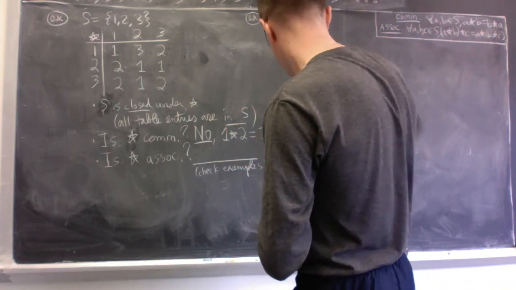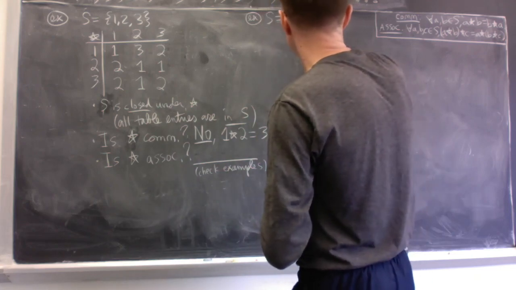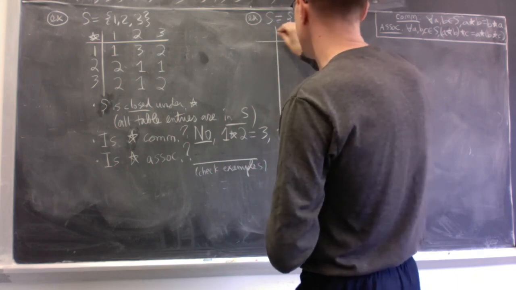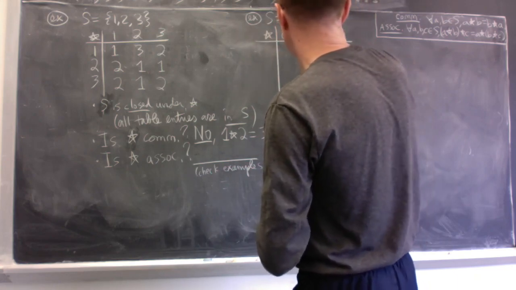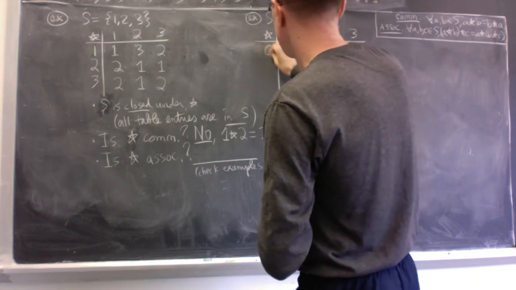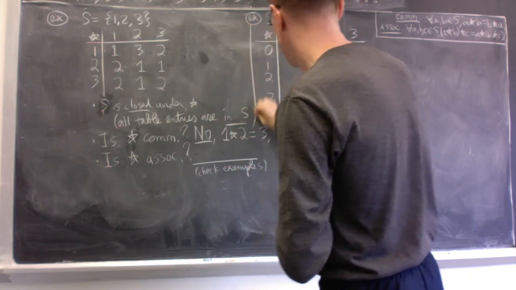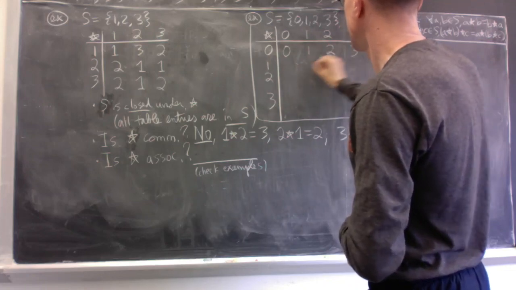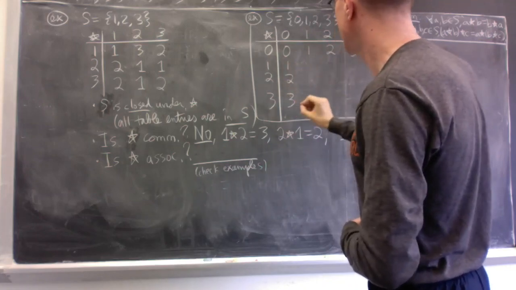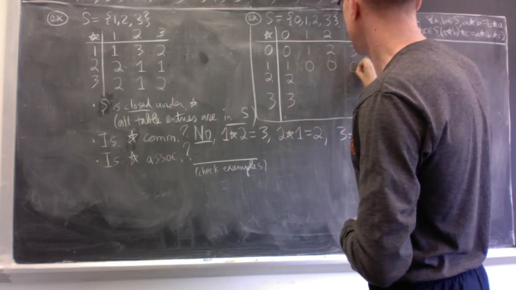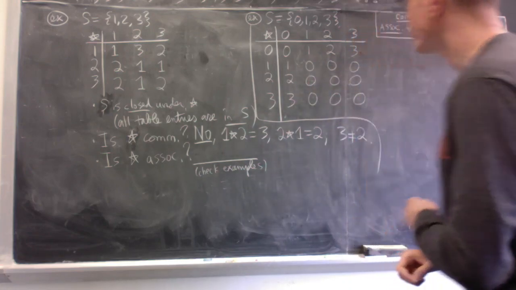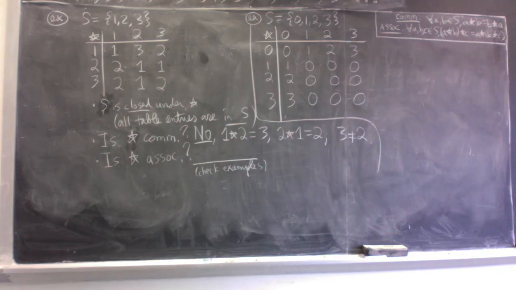Let's have 0, 1, 2, 3 as the set. And so this one will be a little bit different. So I'm going to do this, but then all this stuff is 0 over here. And I ask the same questions. Is it closed? Is it commutative?